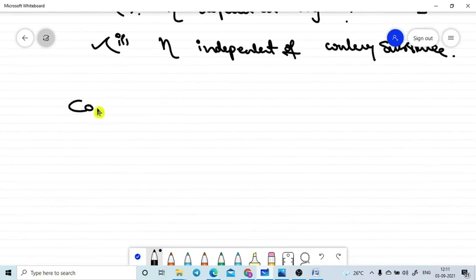Let me write the Carnot theorem. The Carnot theorem tells us two sentences.